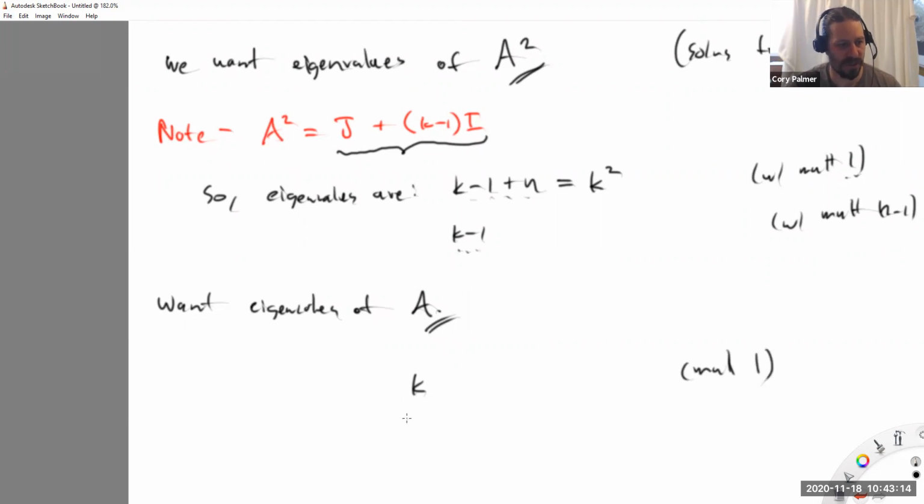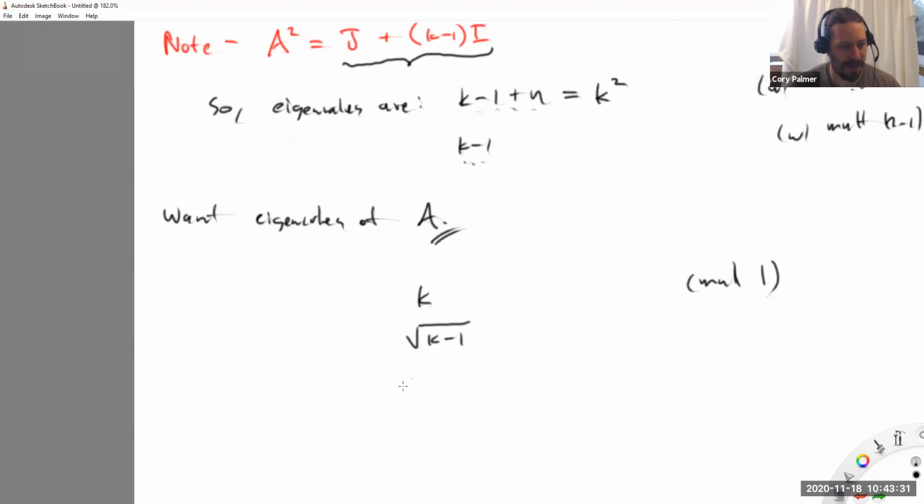Multiplicity doesn't change. Now here's where things get interesting. The other eigenvalues are plus or minus the square root of k minus 1. There are 2 possibilities here. So some of the eigenvalues are root k minus 1, and some of them are negative root k minus 1.